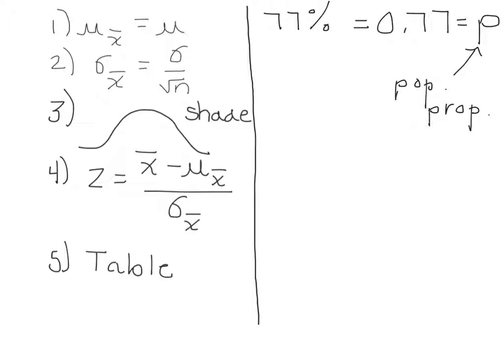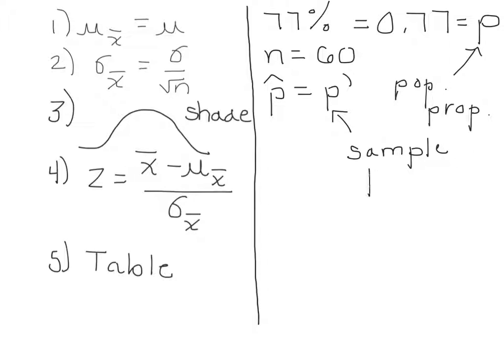The example continues on to say that 60 female heart transplant patients were randomly selected. We know that the size of the sample that is selected is little n, and in this case then, n is 60. What is the probability that the sample proportion? Well, you're going to find that we use a p hat, or some textbooks use a p prime, to represent a sample proportion.